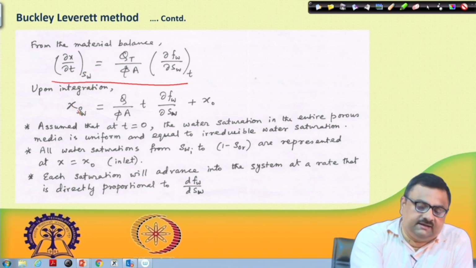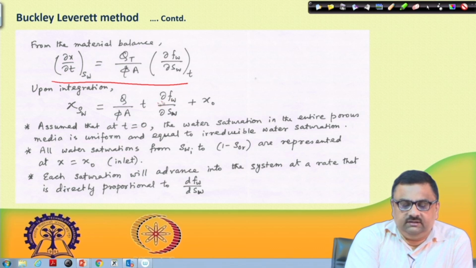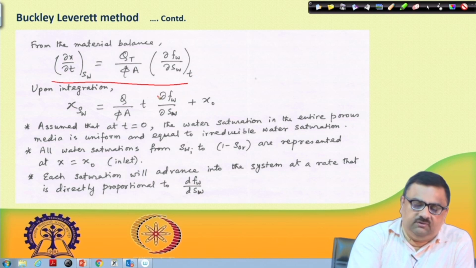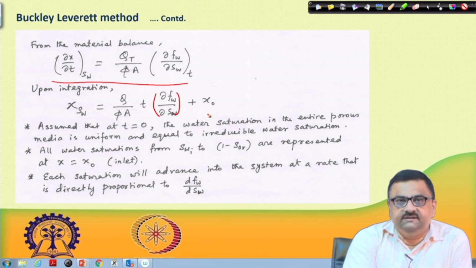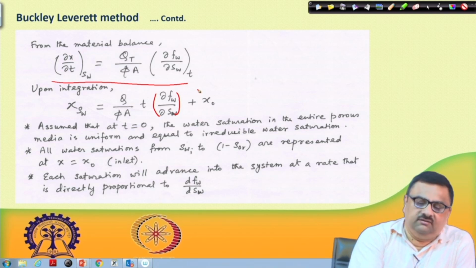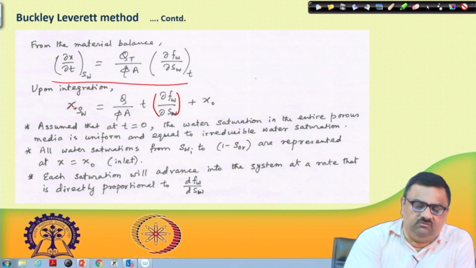So, x at SW is equal to this quantity. This t goes to that side. So, del FW del SW remains as it is, dt goes there. So, when you integrate, this dt became t, and we add some x0 term stating that at t equal to 0, x is equal to x0. Now, what is the meaning of this x SW? What does this mean?